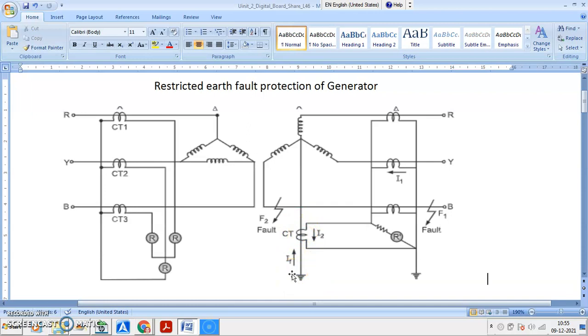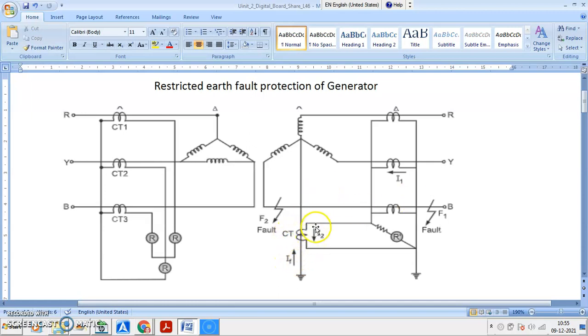Okay, so if fault F1 occurs which is beyond transformer, now the fault F1 is outside the transformer, okay, which is beyond transformer, and because of this fault F1, current I1 and current I2 flow through CT.